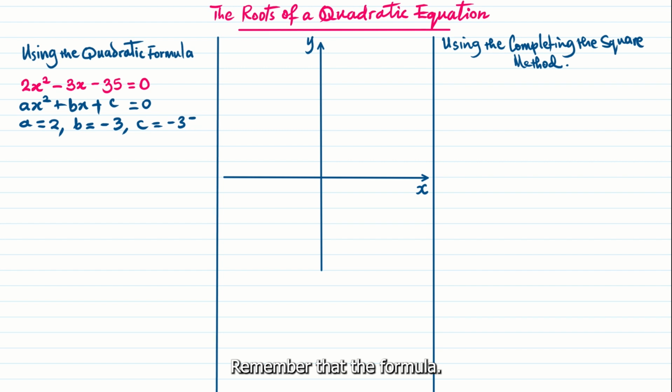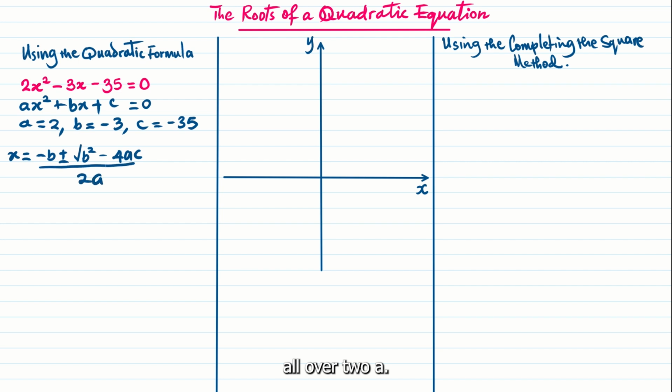Remember that the formula is x equals minus b plus or minus the square root of b squared minus 4ac, all over 2a. And all we need to do now is substitute.